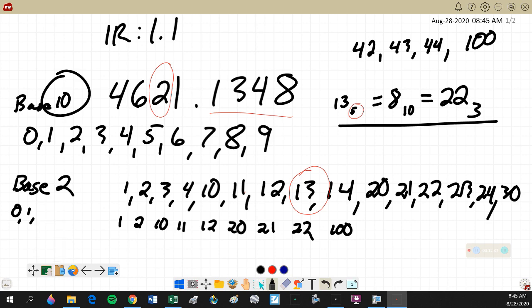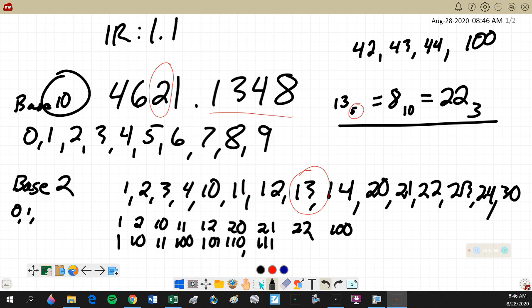So let's count in base 2. 1, 10, 11. Nope, there's no 2. There's no 2. 100. 101. 110. 111.